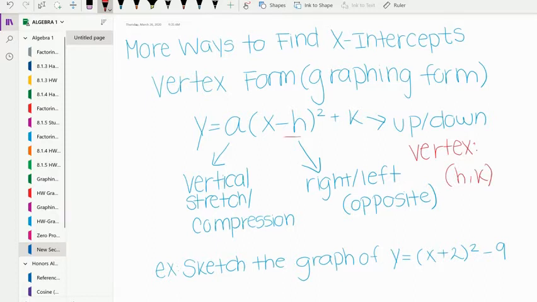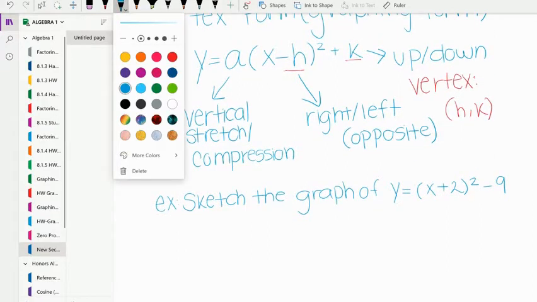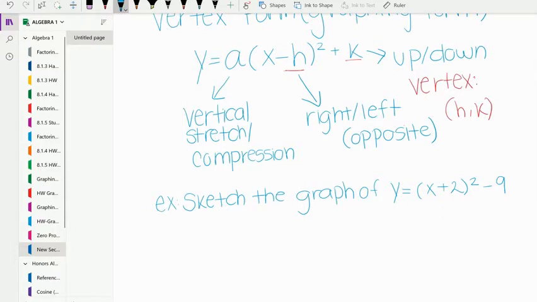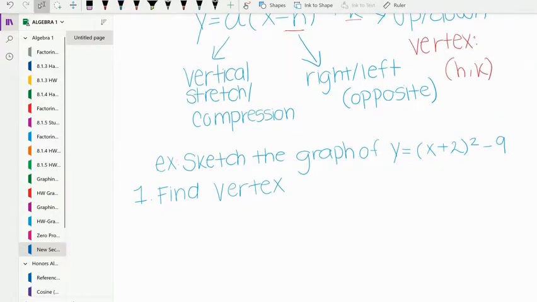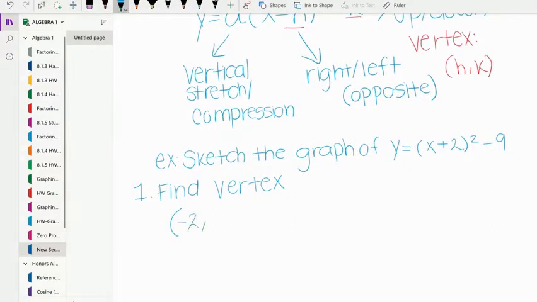So that comes from here and here. Okay, so in order to sketch the graph, there's a few things that we need. So we need to find the vertex. All right, so the vertex, if it's h comma k, since it's x plus 2, it's going to be a negative 2. And since it's minus 9, that stays, and it's a minus 9.